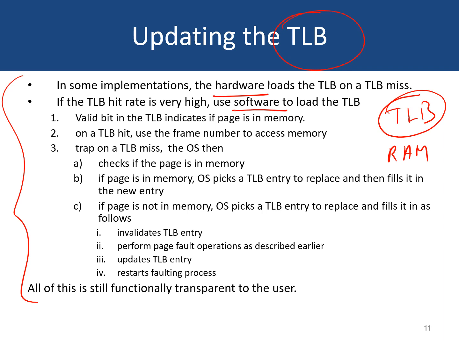In general, if the hardware is used for loading and updating the TLB cache, that would be a faster implementation, so it would be good from the performance perspective. But as you would recall, implementing hardware is also more expensive, and therefore the software choice would provide a relatively cheaper alternative, which would be somewhat slower as compared to the hardware implementation.